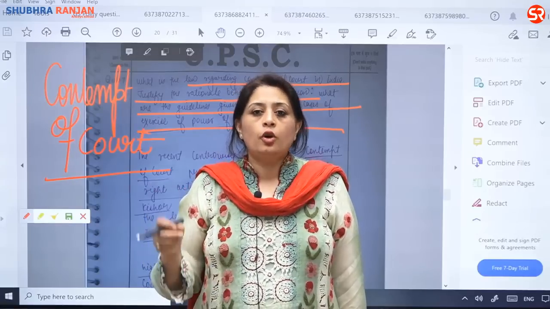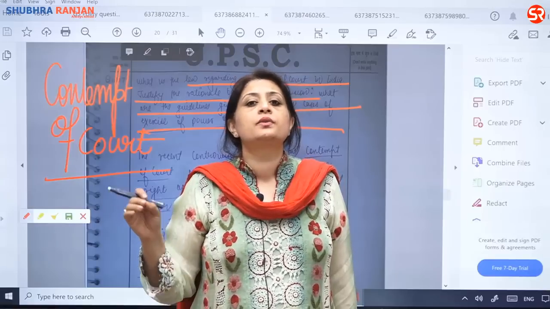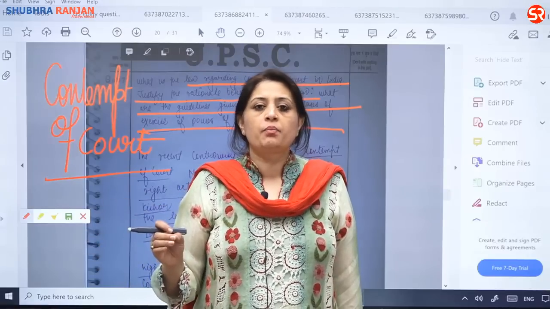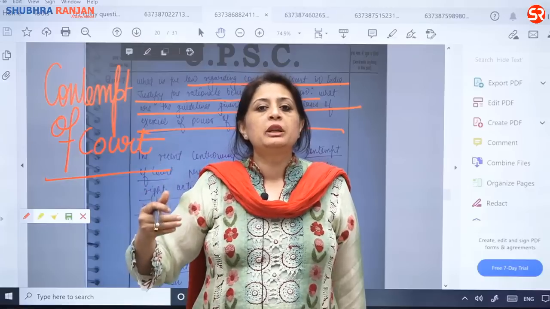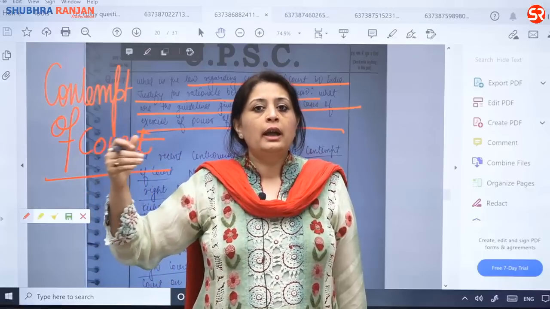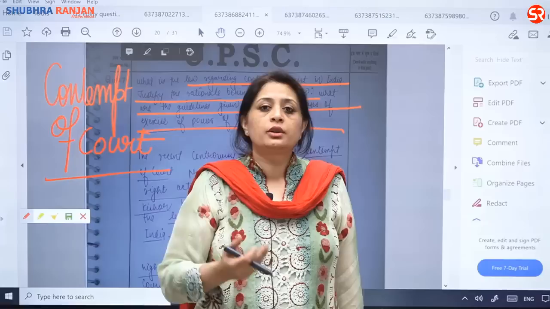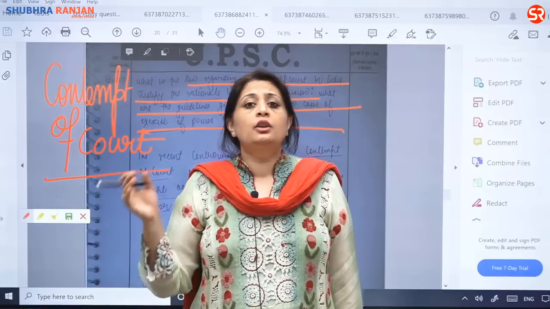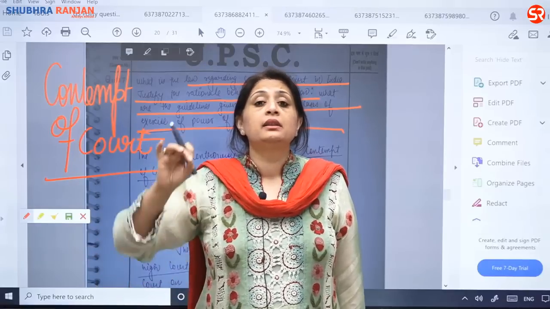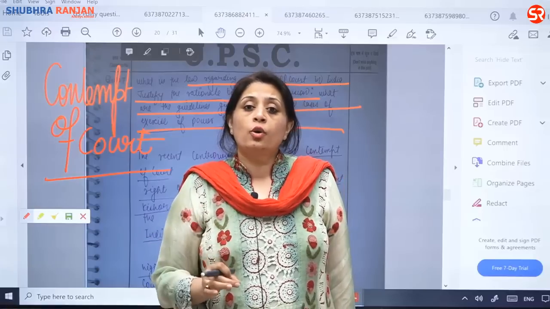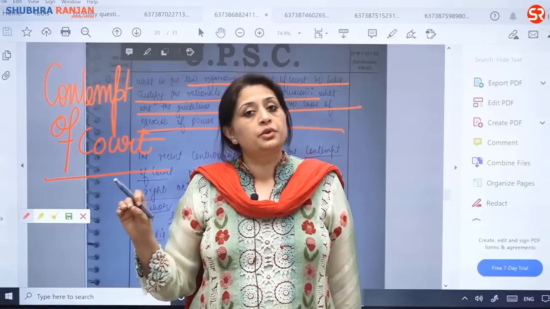For existence of a society, it is very important that people obey the law and follow the order of judiciary. Not just the common man, even government has to obey the orders of the judiciary.